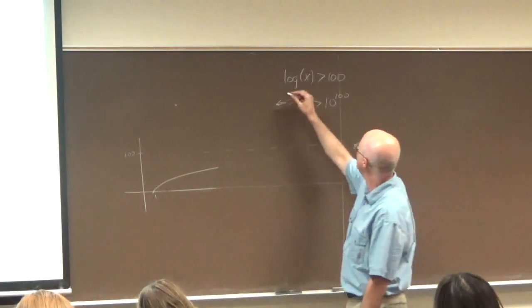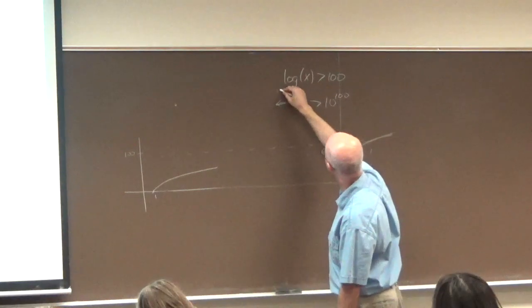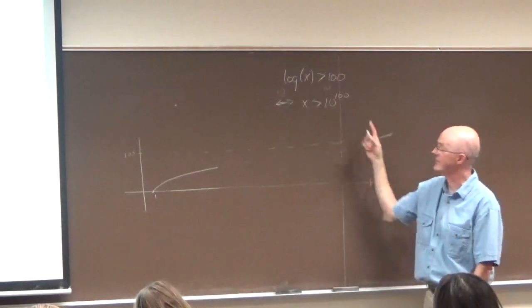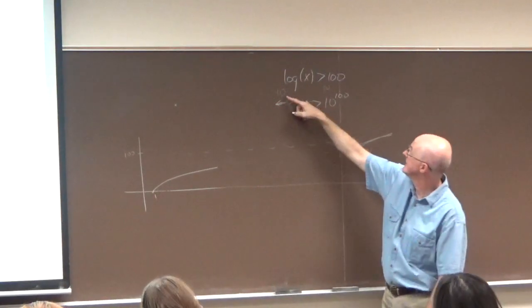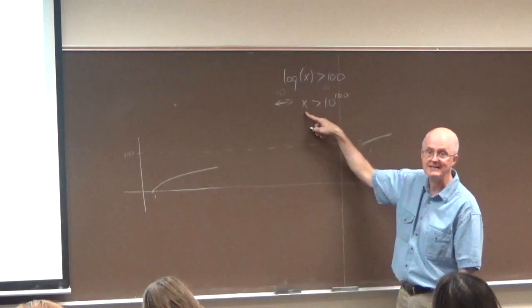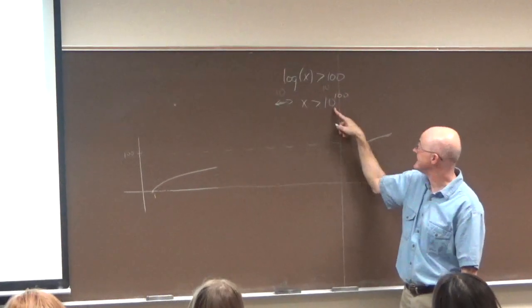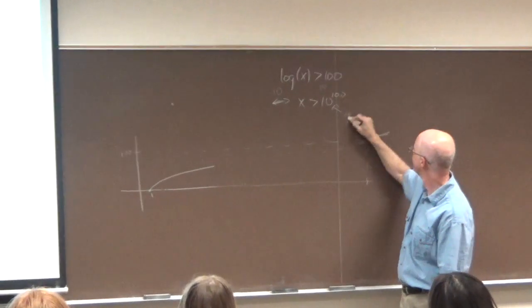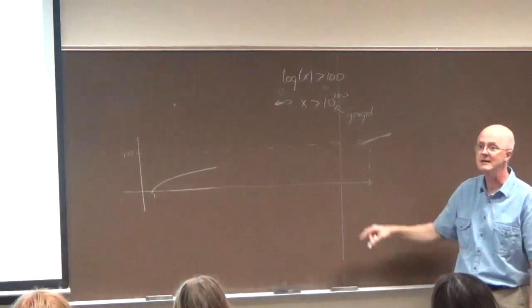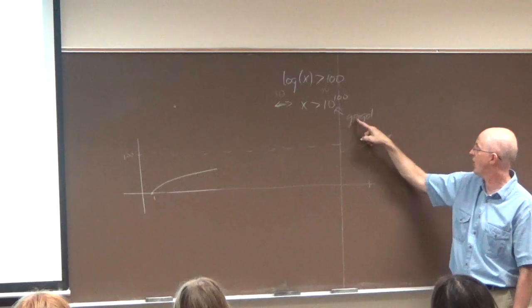Essentially, I take both sides and make 10 the base, raise 10 to both of those powers, and the inequality stays the same direction. And over here, the 10 to the x and the log of x are inverse functions, so they simplify to just x. That's a Google. And by the way, the number Google is spelled differently than the search engine Google. The number Google is spelled G-O-O-G-O-L.